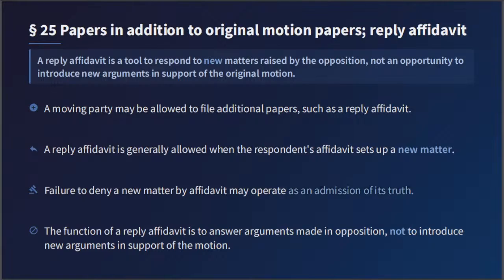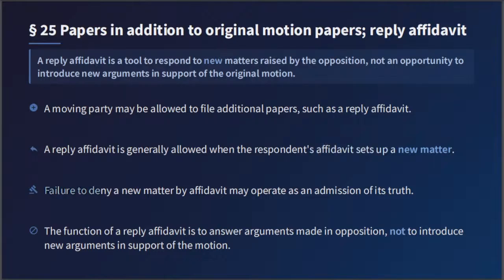Ooh, boy. So you have here a moving party, maybe, so you file a motion. You may be allowed to file additional papers, such as a reply affidavit. A reply affidavit is allowed when the respondent's affidavit sets up a new matter. So that new matter now, because it came in that respondent's affidavit, if it stands unrebutted, it is interpreted by the court as a fact.